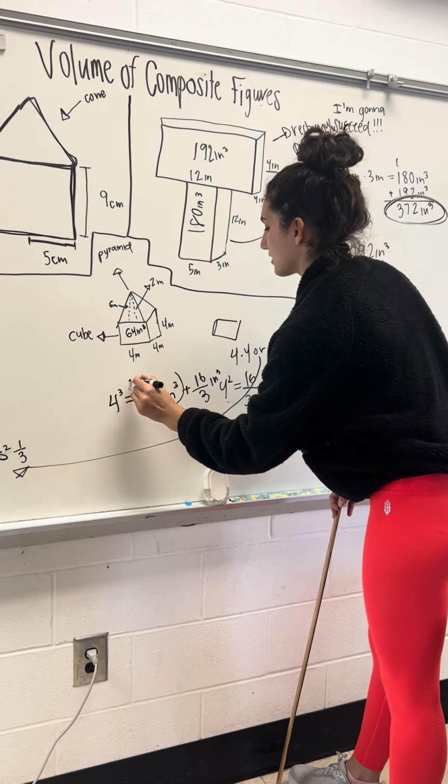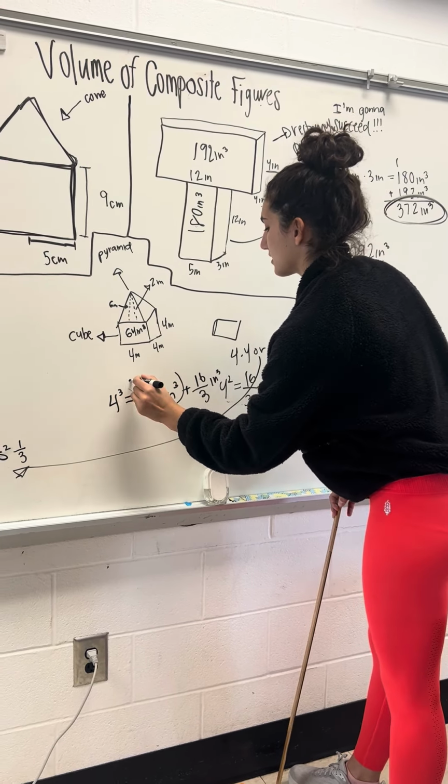So now, let's do 64 times 3, which equals 192. So 192/3 plus 16/3 is 208/3.